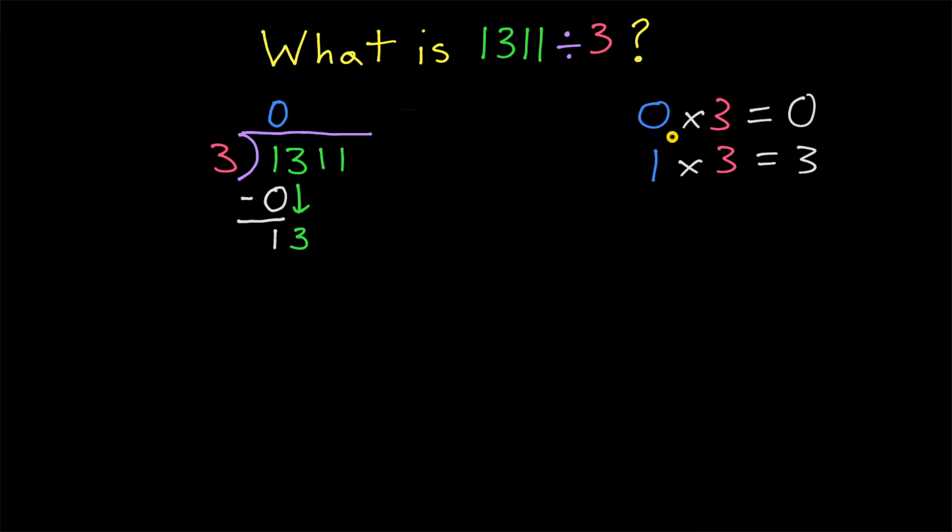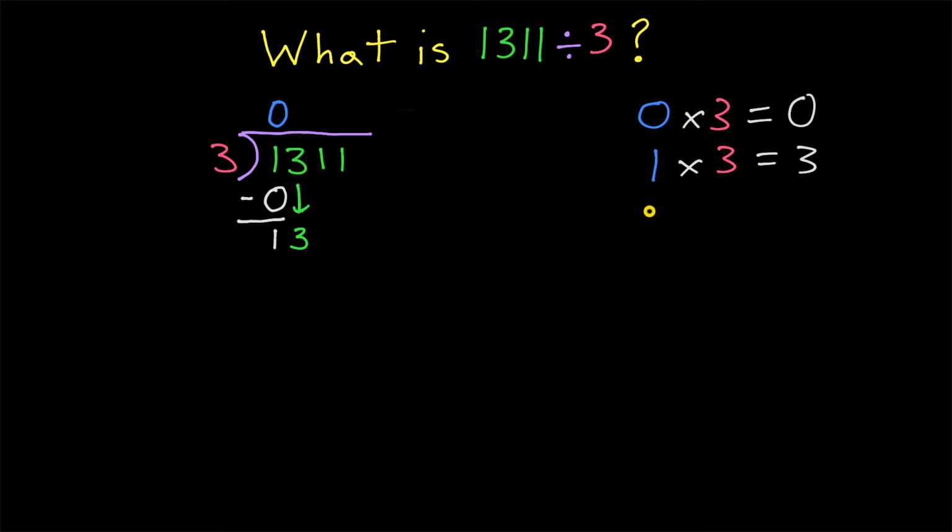Well, let's look at the candidates here. 0 times 3 is 0. 0 is clearly less than or equal to 13. What about 1? 1 times 3 is 3. 3 is less than 13, so 1 is fine.